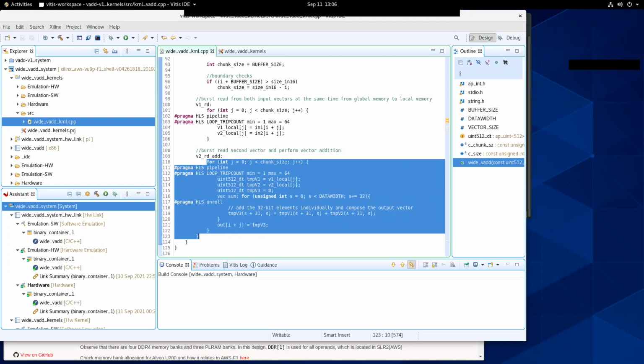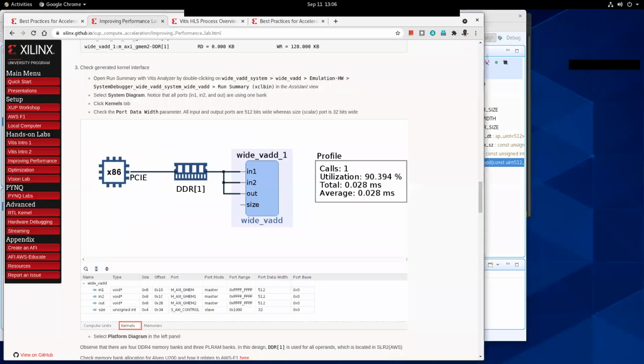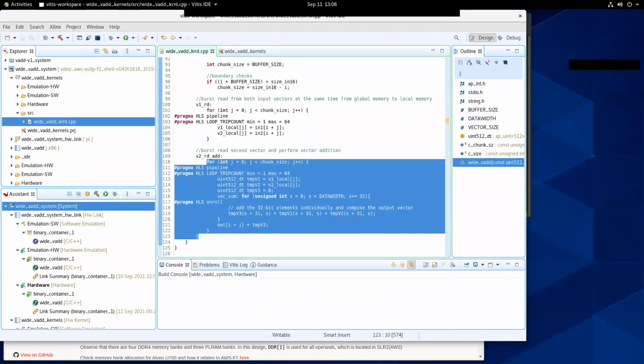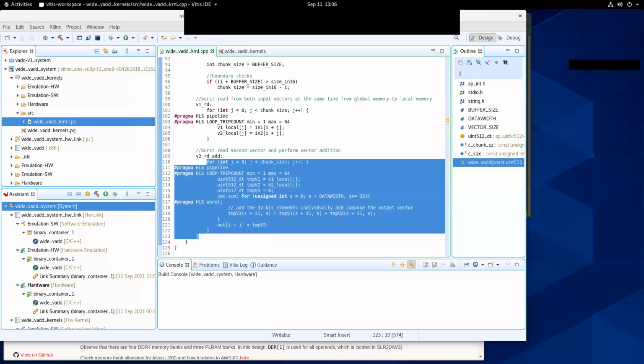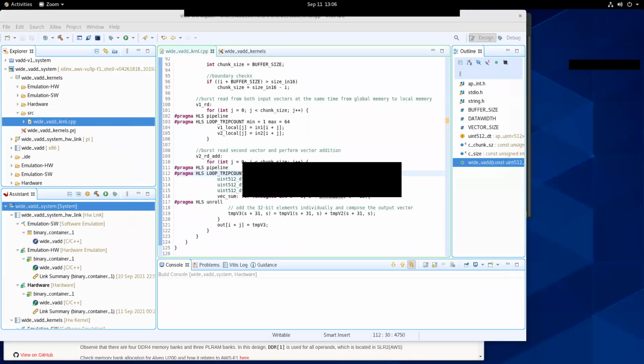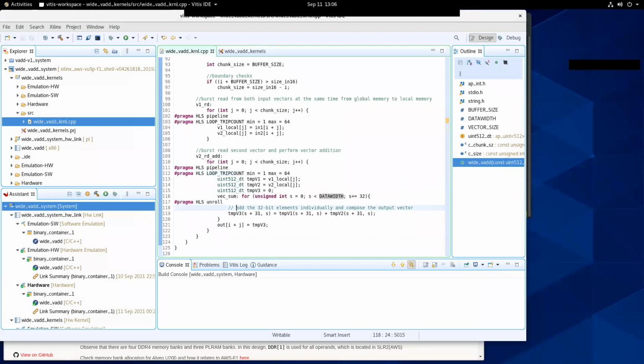In which case you use a lot of area, but the whole loop latency will be only 1 clock cycle. Or you can have a loop latency of 16, but you save on the hardware area. You use only limited hardware resources.